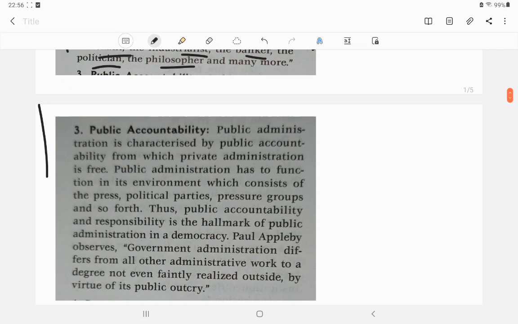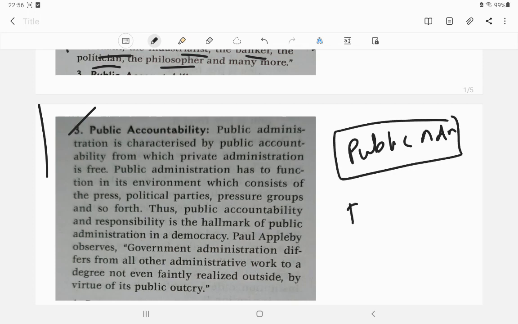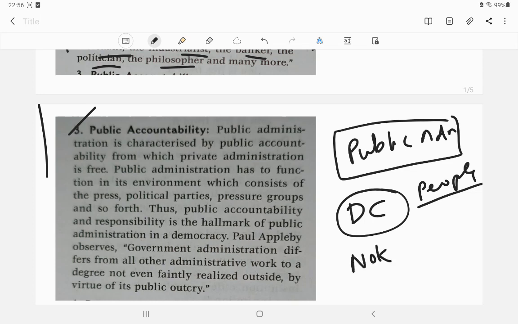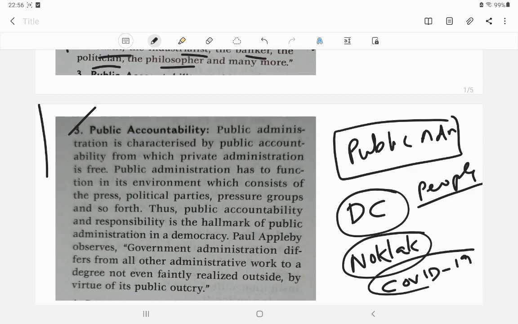Third is public accountability, meaning answering to the public. For example, in public administration, the public is the concern. A deputy commissioner of a district is accountable to the people. For example, in district Noklak, suppose COVID-19 has spread a lot.